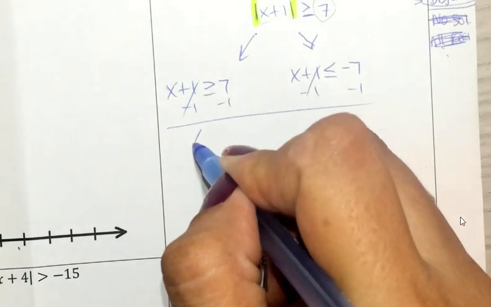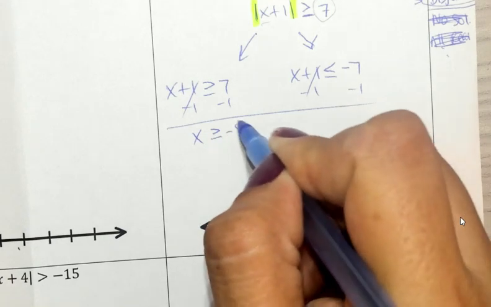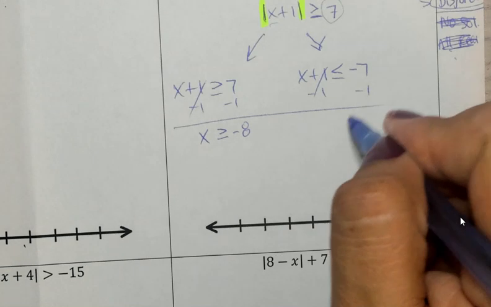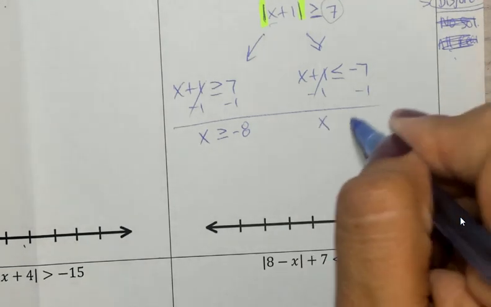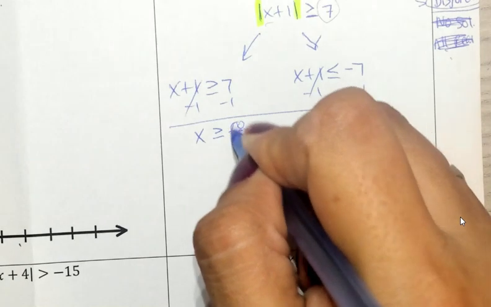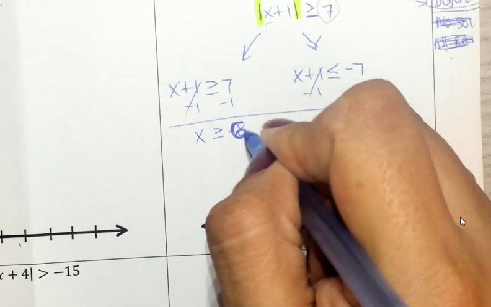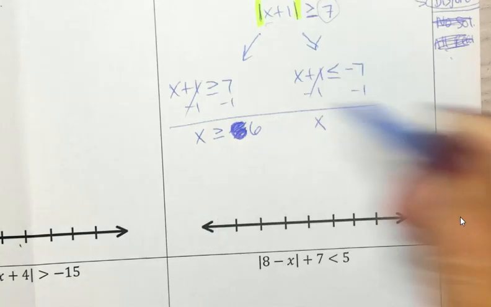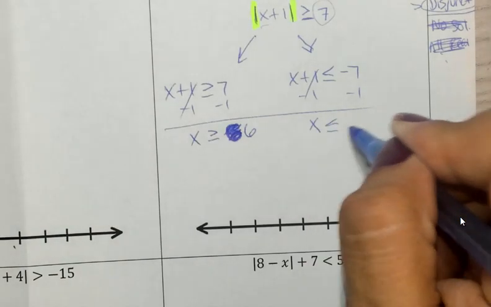And we're going to end up with x is greater than or equal to negative 8. And then over here is x. Oh, actually, this is 6, sorry. 7 minus 1 is 6. And then x is less than or equal to negative 8.